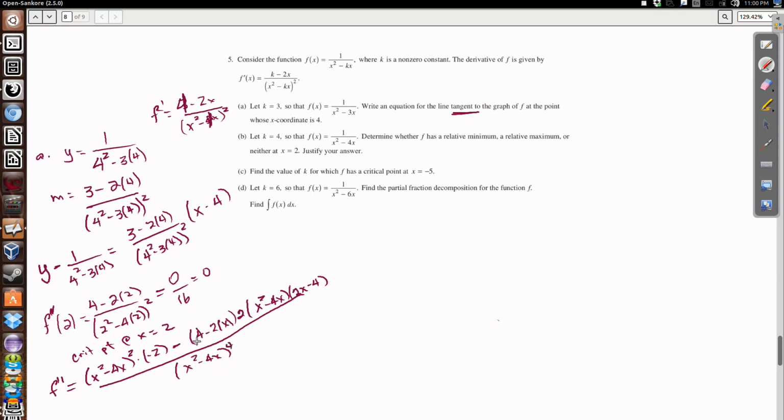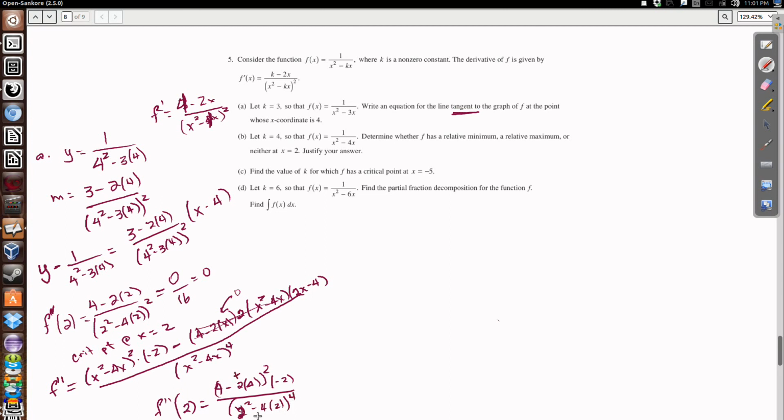Now what's important to note is that for us, this term is 0, and so all of this is going to go away. So my f double prime evaluated at 2 is actually going to be equal to 4 minus 2 times 4 squared times negative 2 over 4 squared minus 4 times 2, 2 squared minus 4 times 2 to the 4th.